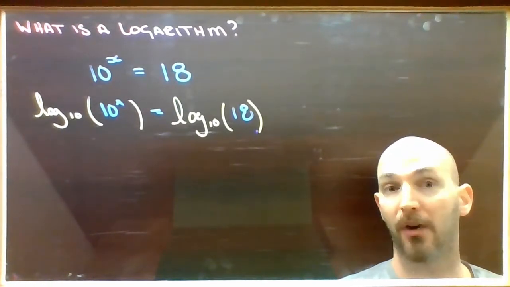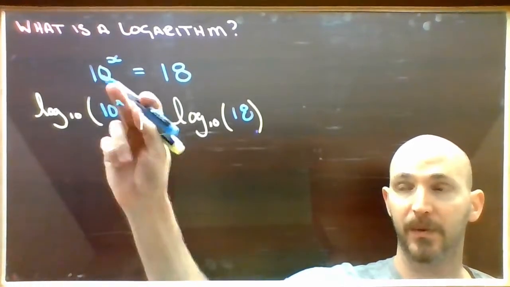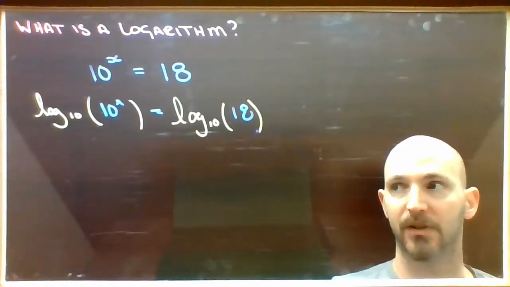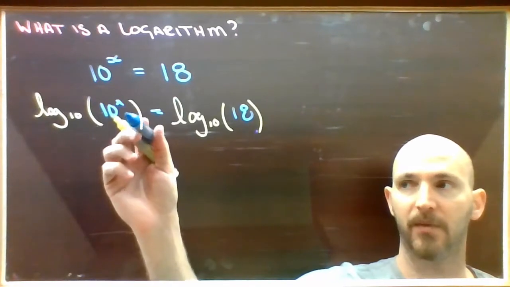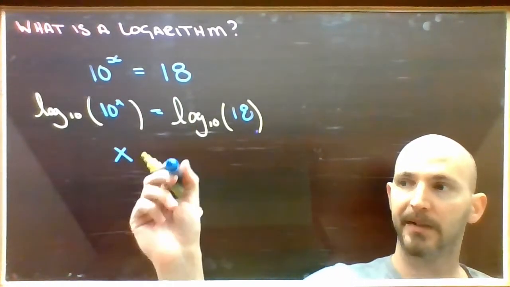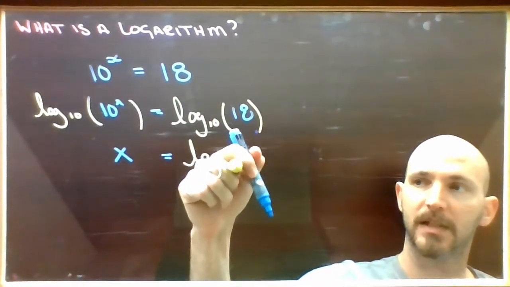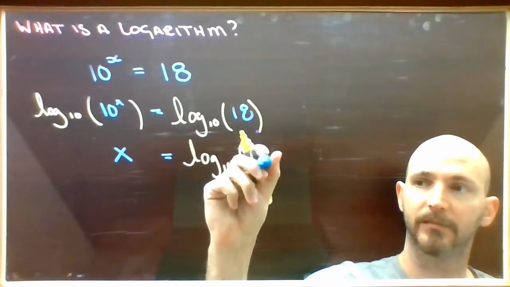And as with all function-antifunction pairs, when you apply them both to an x, they end up undoing each other. So log base 10 of a base 10 exponential is just x. And I have this thing over here, log 10 of 18.